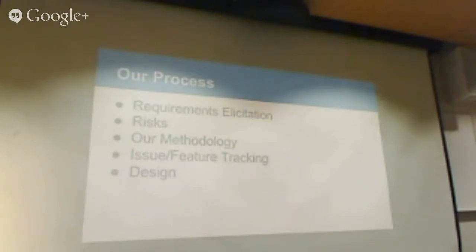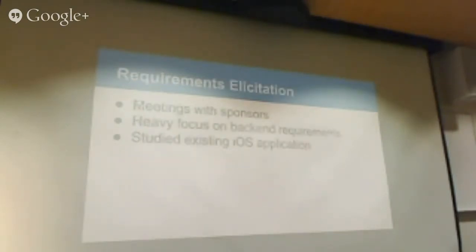So I'm going to talk to you guys and go through our process, basically where we started and how we've gone through the semester with the project. So let's see. The first thing, requirements solicitation. The first 4 weeks we spent soliciting requirements.